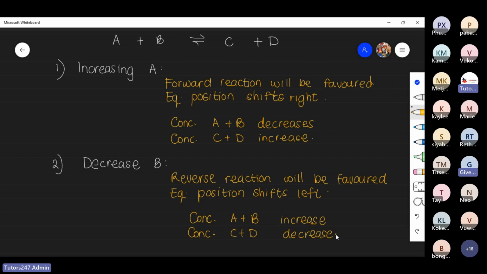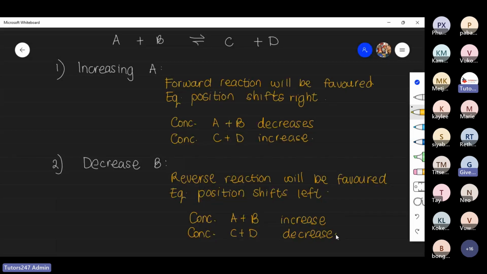decrease in B. Now let us have a look at the right-hand side of our equation. What if we were to increase one of the compounds or one of the substances on the right, or decrease one of the substances on the right? So for those of you who already understand this and are comfortable with this, please be patient. We'll get to a past paper question momentarily.